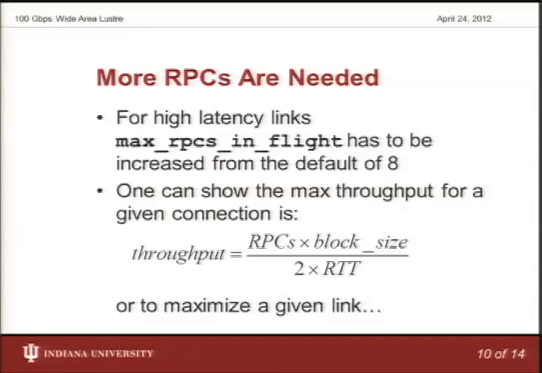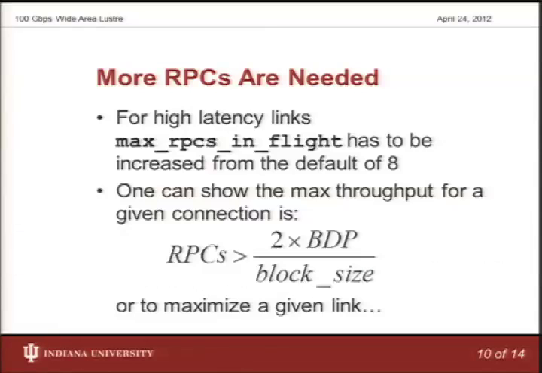It's pretty easy to show that the max throughput you can expect out of any link is given by this equation here, where the number of RPCs times the payload is divided by 2 round trip times. So for a link of given bandwidth and latency, to maximize that, you need to have a number of RPCs greater than this.